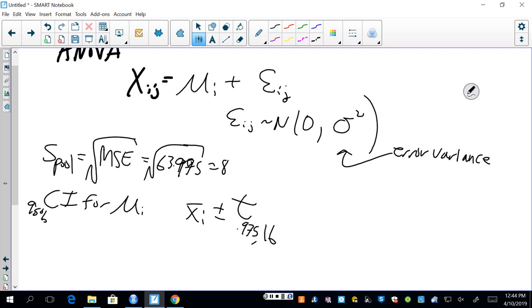We had 4 groups, each with 5 observations, so 20 observations total, but we're estimating 4 means, so we're down to 16. Times the pooled one, and then there's an effect for sample size. That goes in there.